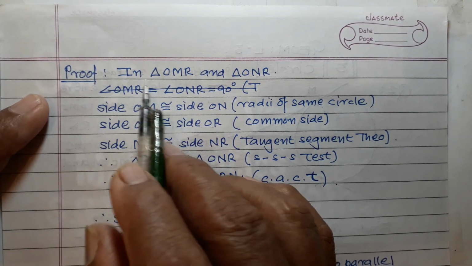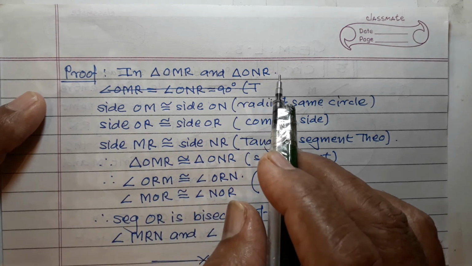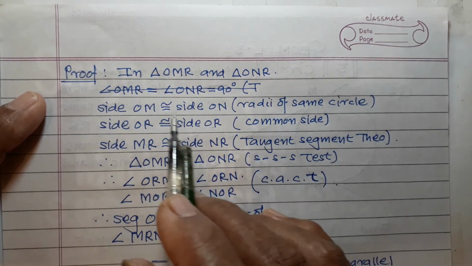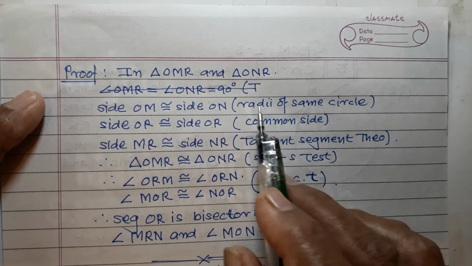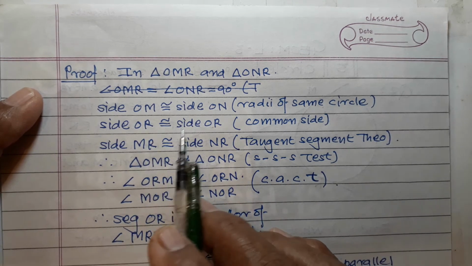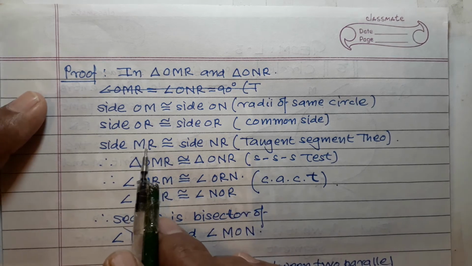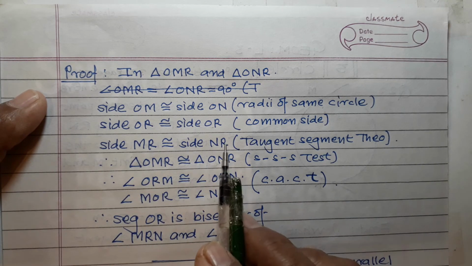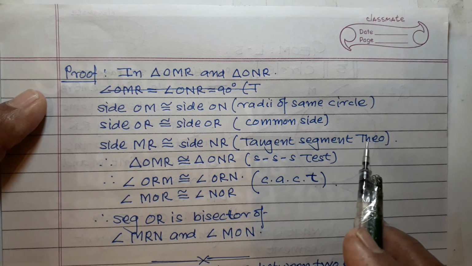Now the proof. In triangle OMR and triangle ONR, side OM congruent side ON, radii of the same circle; side OR congruent side OR, common side; and side MR congruent side NR, tangent segment theorem.